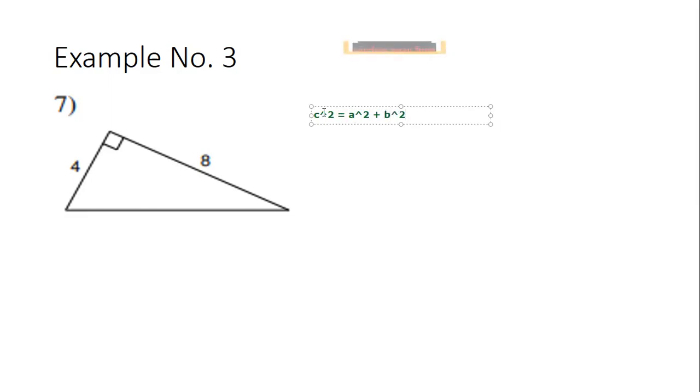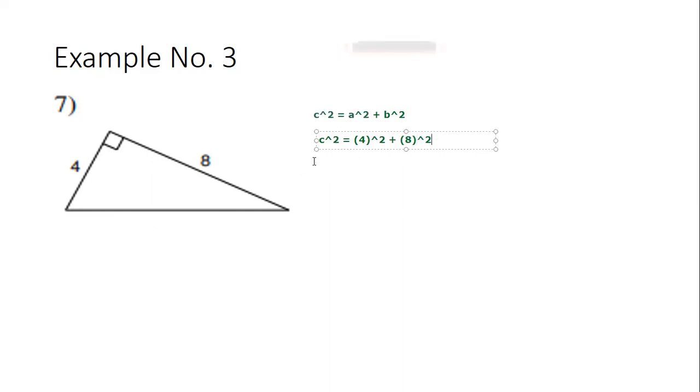The hypotenuse is unknown, so we'll remain it as c squared. So this will be c squared equals 4 squared plus 8 squared.